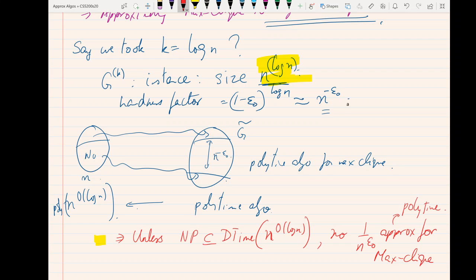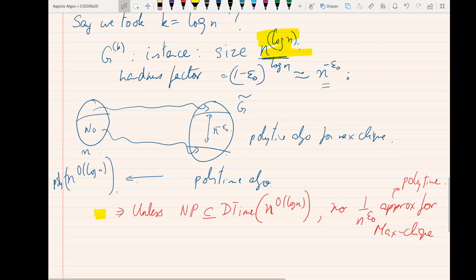This might be a little difficult to grasp at first, but the point is that we don't expect to have even quasi-polynomial or n raised to order log n time algorithms for NP complete problems. In fact, there are hypotheses that say you can have only exponential time algorithms for these. So even this is believed to be highly unlikely.